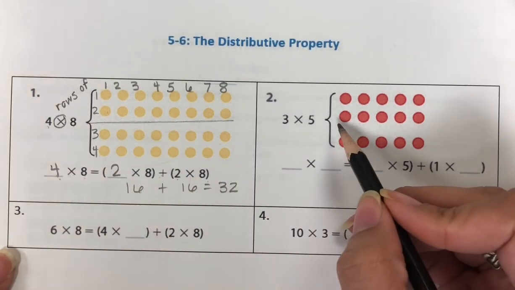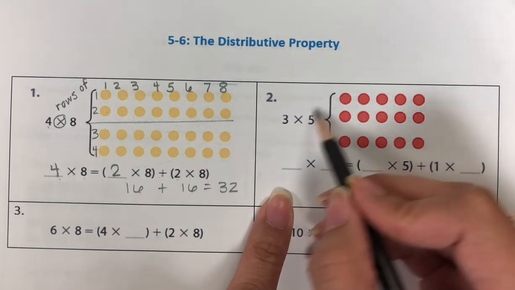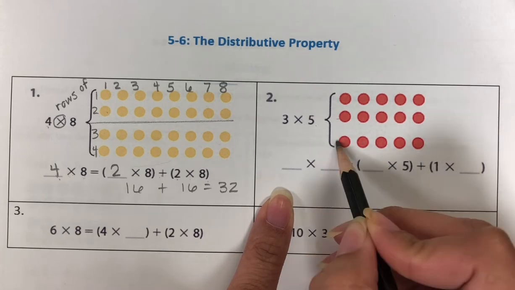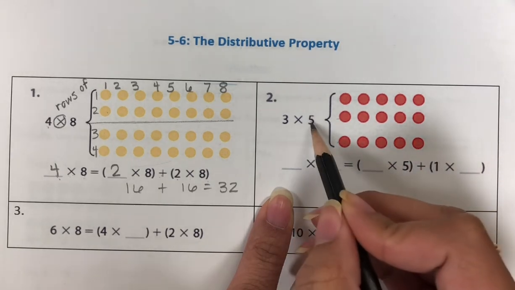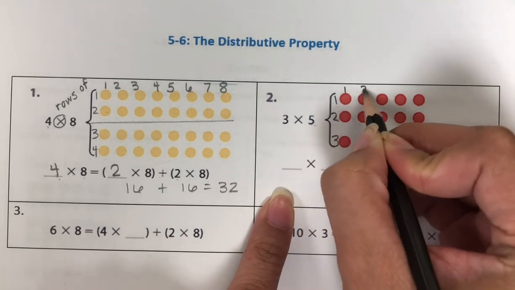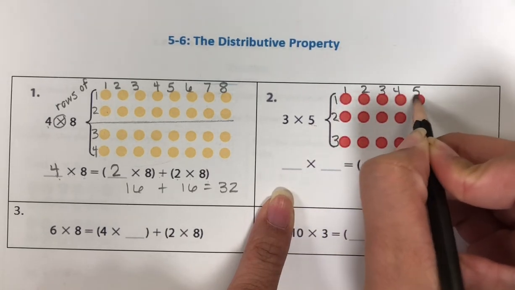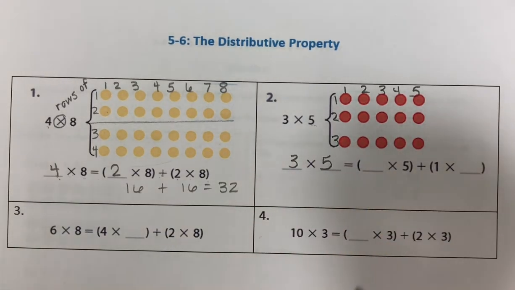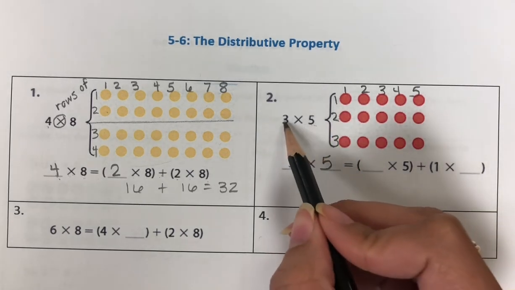Let's try another one, okay? Here we have 3 times 5. We have 3 rows. 1, 2, 3. 3 rows of 5. That is our original multiplication sentence. The distributive property tells us that we can break apart the first factor.